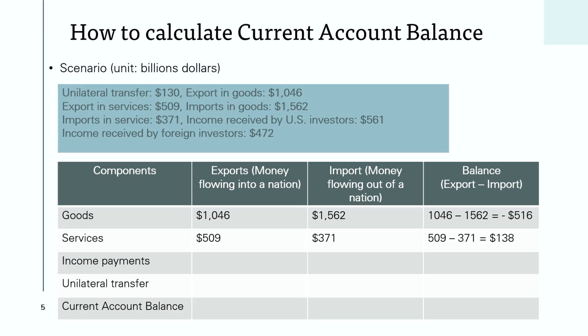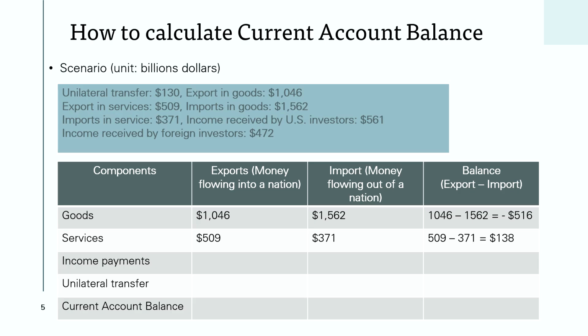Next, we calculate the balance for services. Exports equal $509 billion. Imports equal $371 billion. Subtracting imports from exports gives $138 billion. This means the country has a service trade surplus of $138 billion.